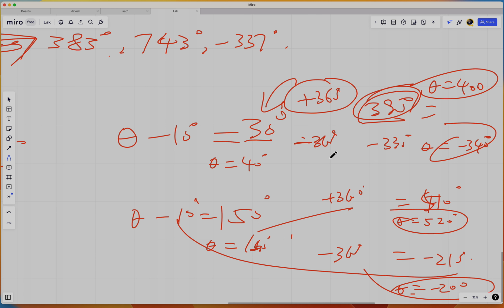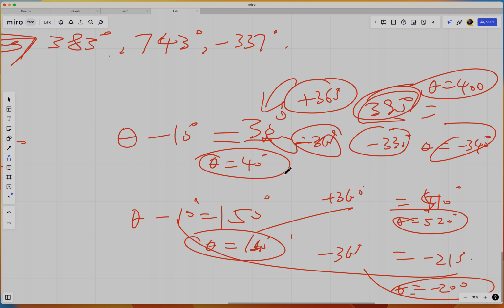Why I minus 360 to 30 to get minus 330? Why I don't go and plus the 360 here and minus 360 here? Why I don't do it? That means why I apply the 360 plus and minus 360 to the 30 degree instead of the 40 degree? That's my question now.